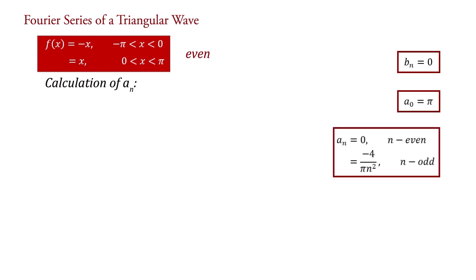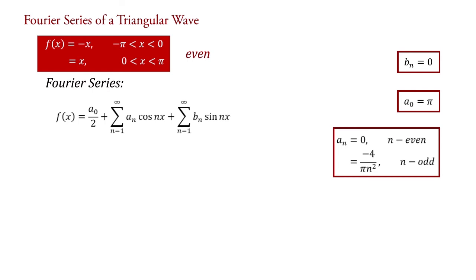And now the Fourier series is f of x equals a0 by 2 plus summation n equals 1 to infinity an cos nx plus summation n equals 1 to infinity bn sin nx.